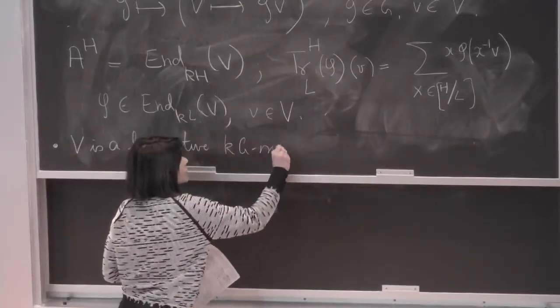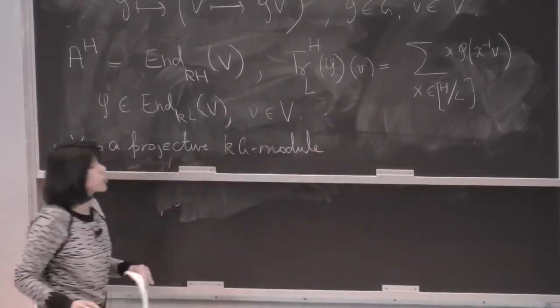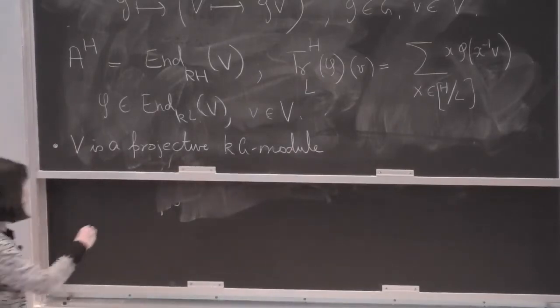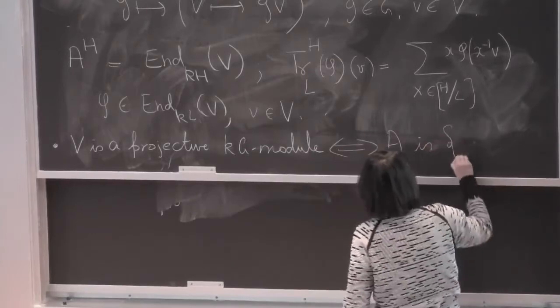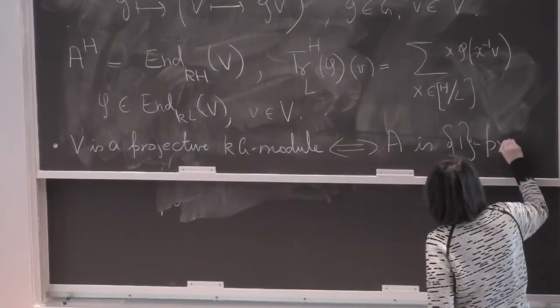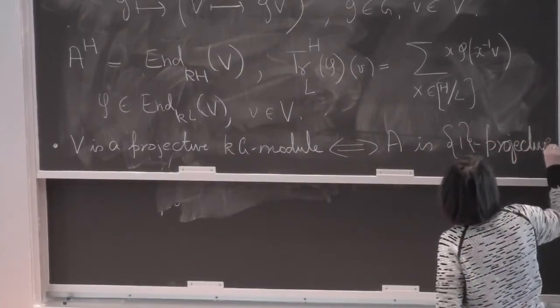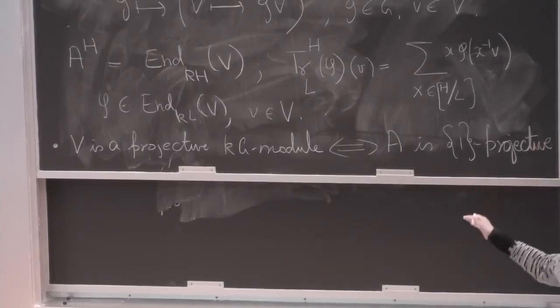Let me just write it like this. V is a projective KG module if and only if A is projective with respect to the trivial subgroup.